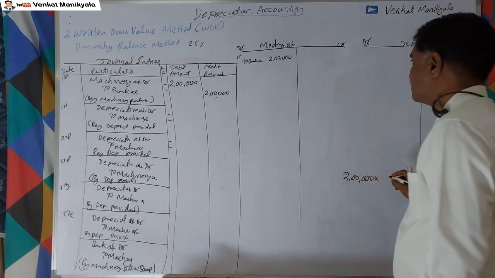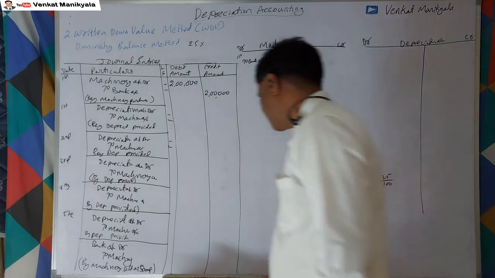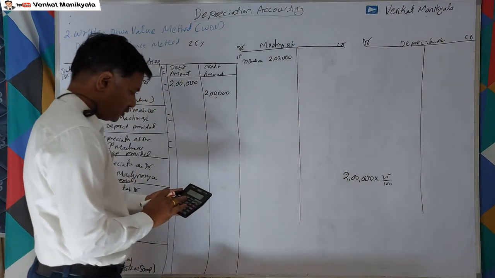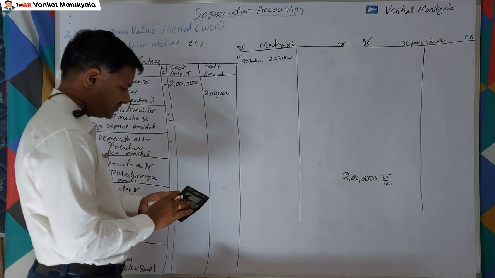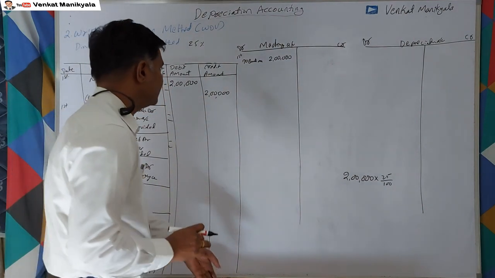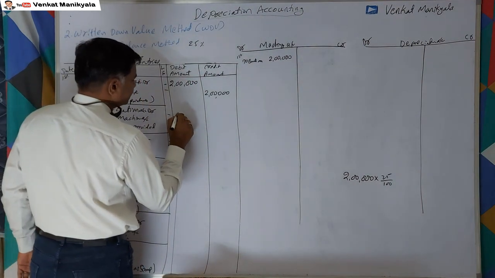On the machinery, we are supposed to calculate 25%, right? So now the depreciation is 2 lakhs into 25%, which is 50,000, right? So depreciation account debit to machinery account is 50,000.